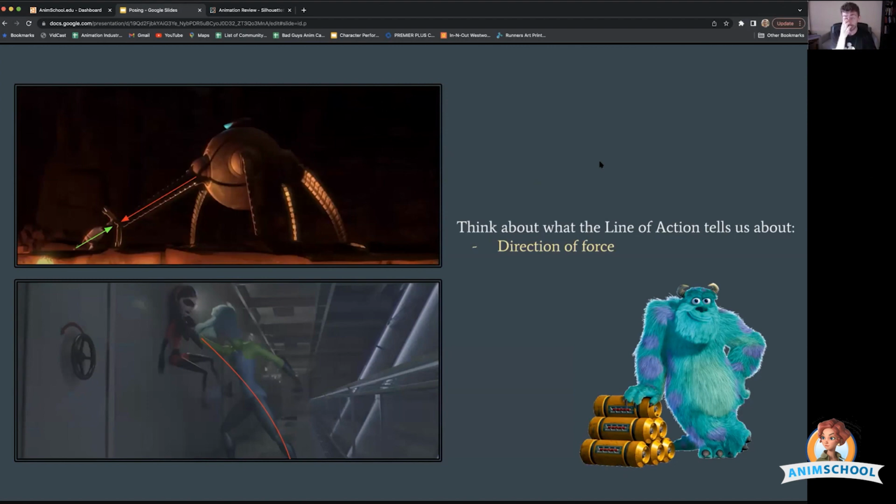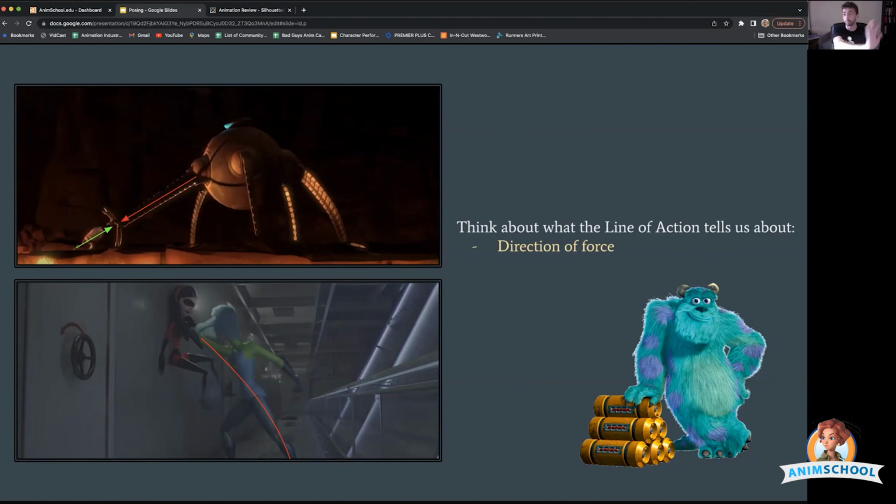I believe it's the third law of motion is, for every action, there is an equal and opposite reaction, which basically means like if you push on a wall, the wall exerts a force back, so the wall kind of pushes against you. So if you look at this image of Mr. Incredible pushing against this machine, you can tell that they're both exerting force, because first you see this arm is fully extended.